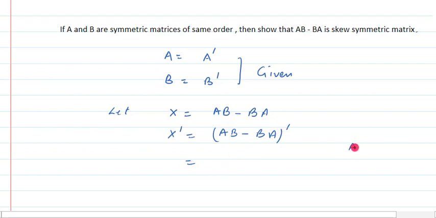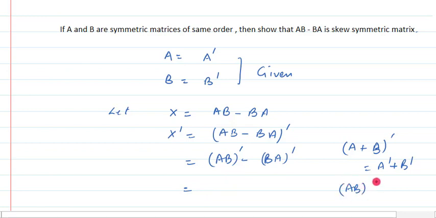By applying the property A plus B whole transpose is equal to A transpose plus B transpose, we can write it as AB whole transpose minus BA whole transpose. Now further, using the property AB whole transpose is equal to B transpose A transpose, we can write it as B transpose A transpose minus A transpose B transpose.